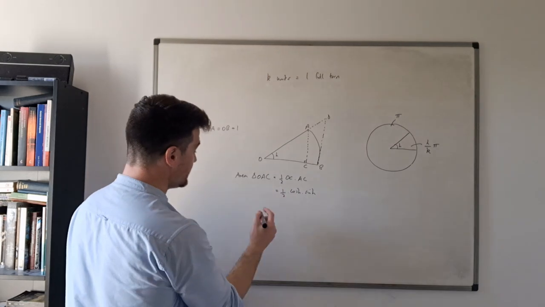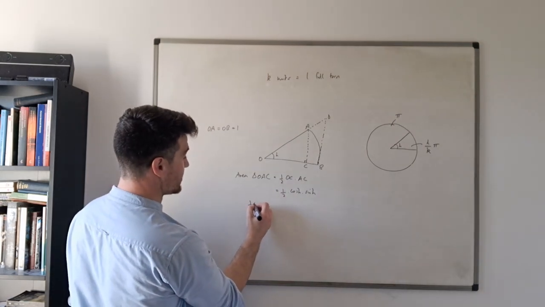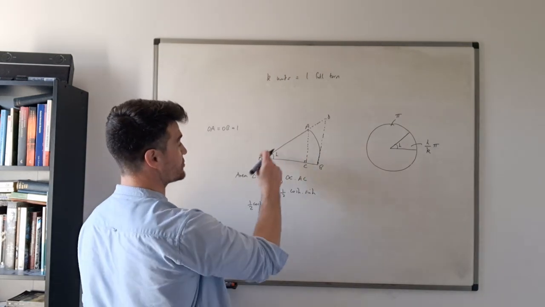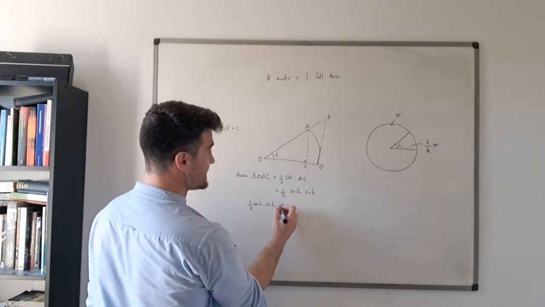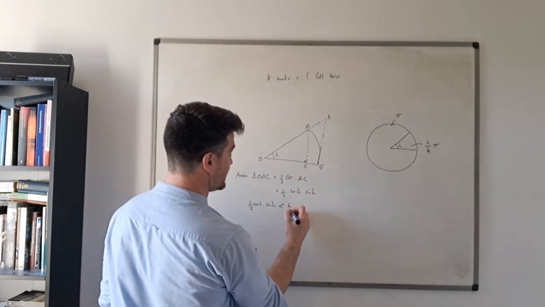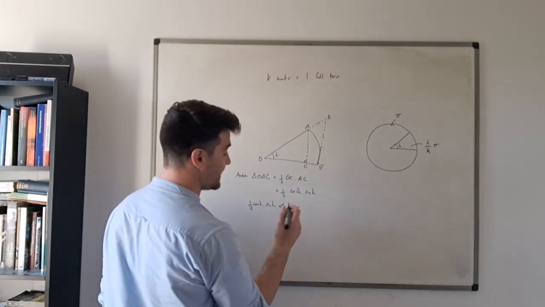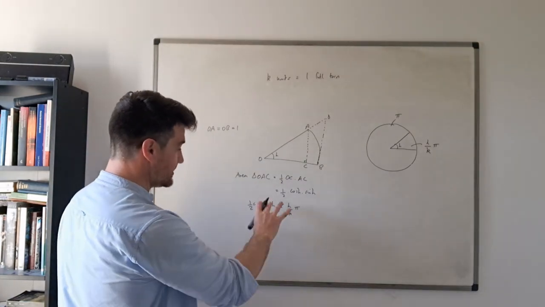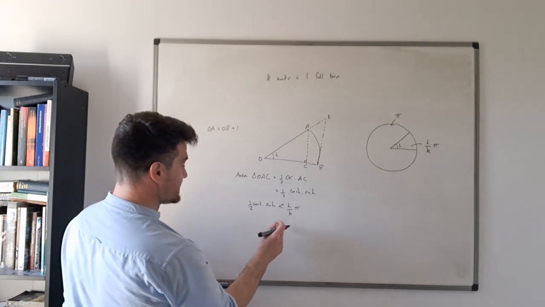So clearly, we've got that half cos h times sine h, which is the area of this triangle OAC, is less than the area of the sector, which is h over k times pi. Now I'm going to rearrange this a little bit. So let's have a look. What do I get?